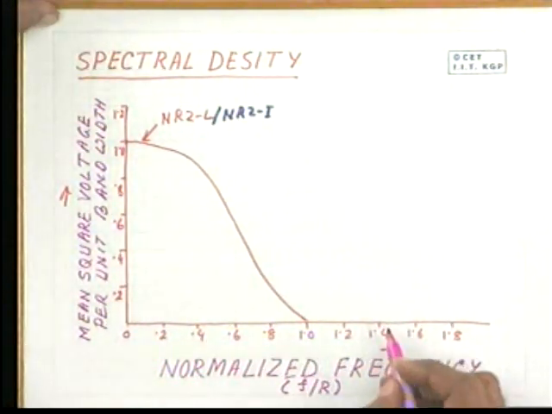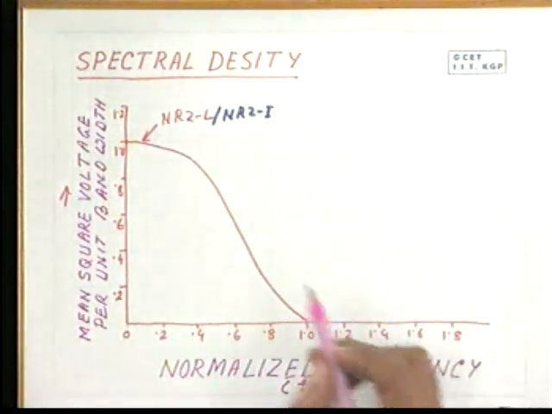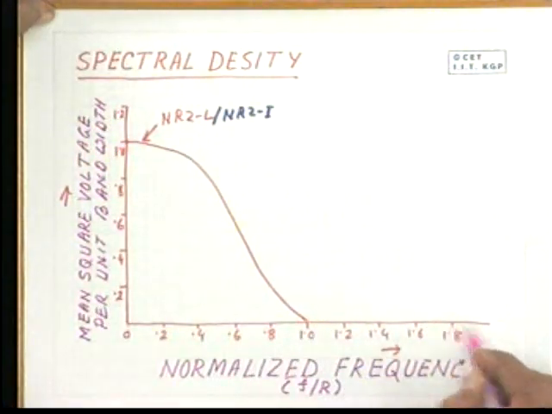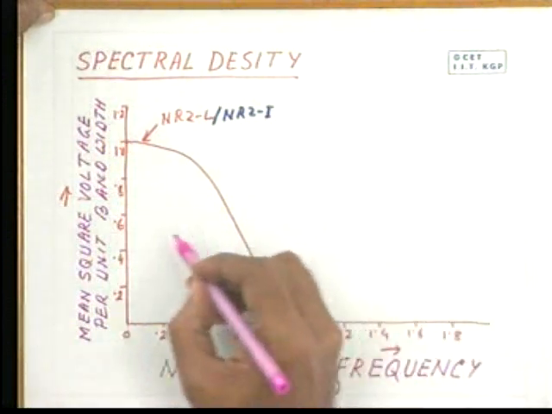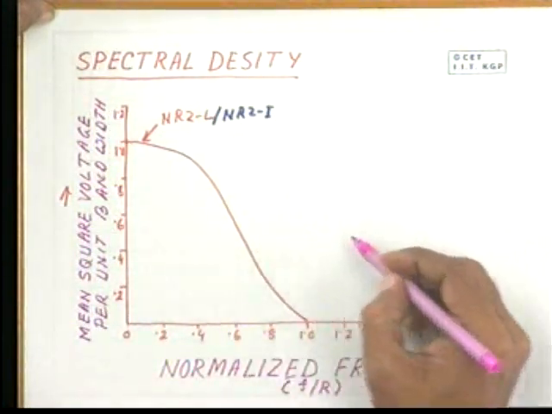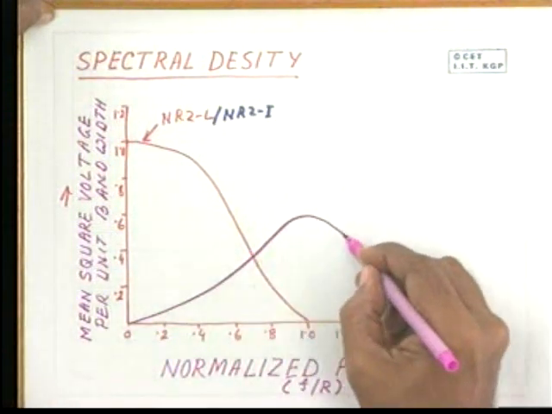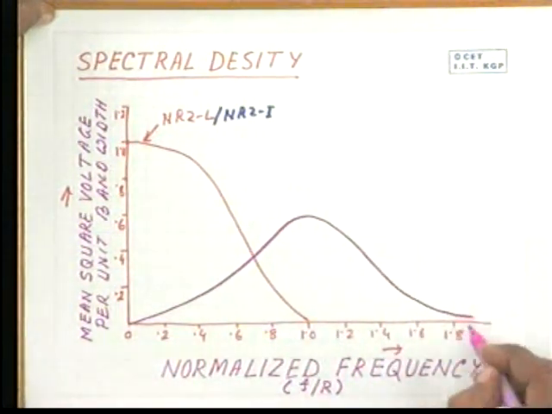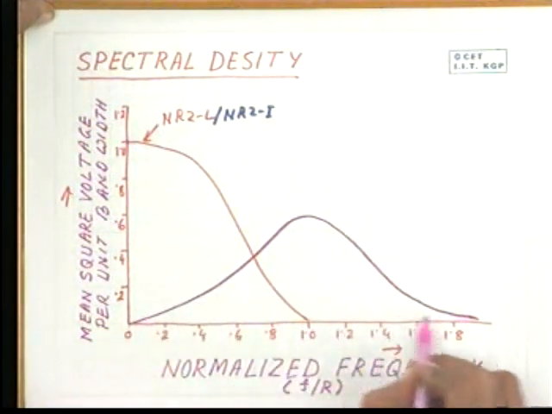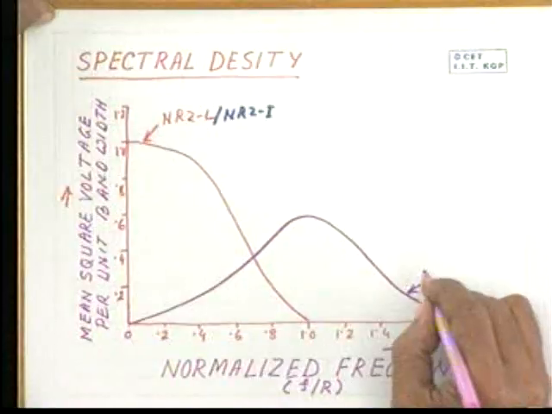For Manchester encoding, the spectral density will be like this. Here we see the signal spectrum is much wider than the previous two schemes. So this is for Manchester.